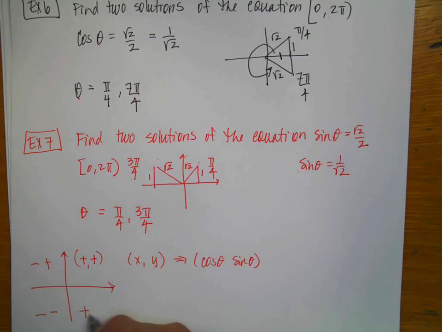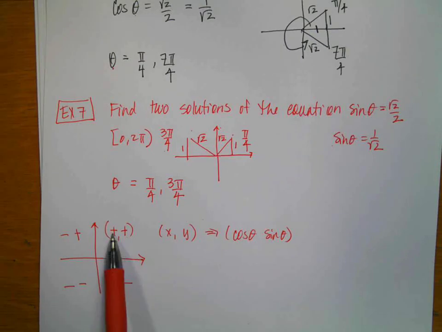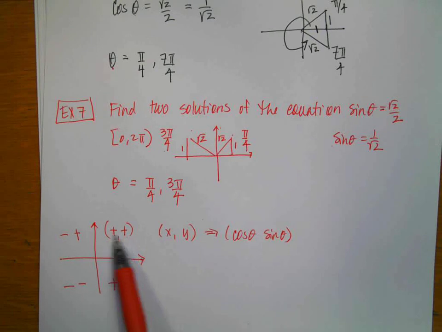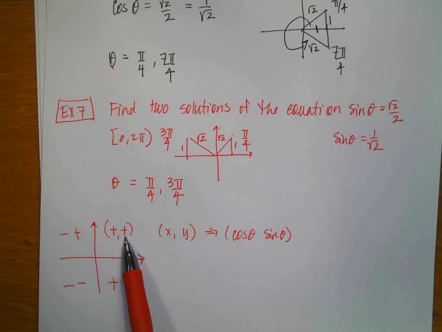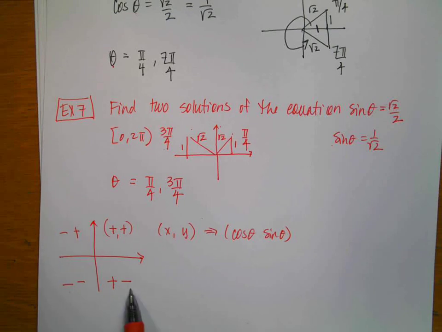In the third quadrant, it's negative, negative. And in the fourth quadrant, it's positive, negative. So if we look at our diagram, cosine is positive in the first and the fourth. Sine is positive in the first and the second. Tangent is positive because tangent is y divided by x, in the first and the third, two negatives make a positive. Tangent is negative in the second and the fourth.